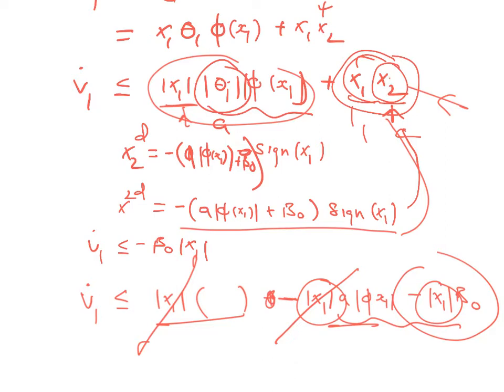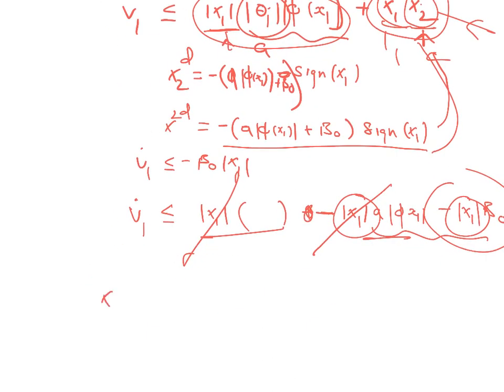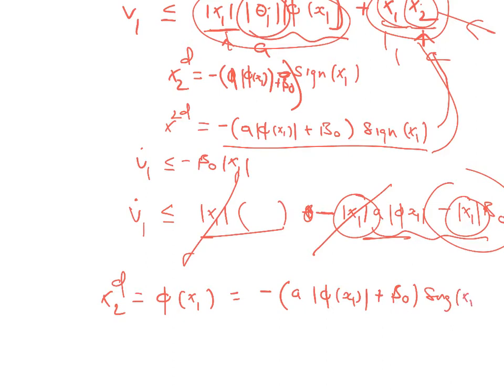So what is your x2 desired, or your phi of x1? It is basically minus of a phi x1 plus beta 0 into sine of x1. That's it.